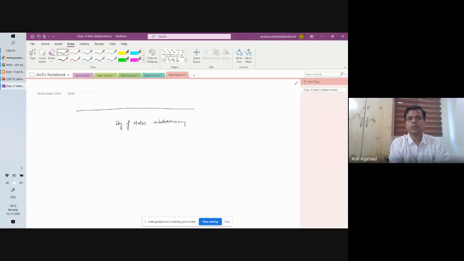So we are plotting the degree of static indeterminacy on this line. If our system is somewhere here, let's say it has a degree of static indeterminacy of 3. So the flexibility method says you have got your system which is lying somewhere here on this line. What you need to do is, this is the 0 point.